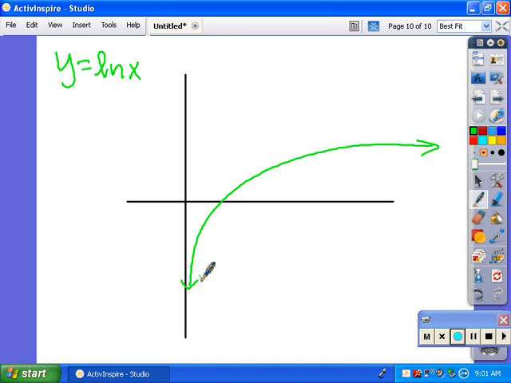It looks something like that. And this does have a fascinating, interesting fact. I love this. It's my favorite interesting fact. This function increases very slowly.